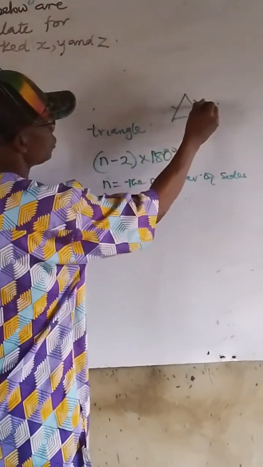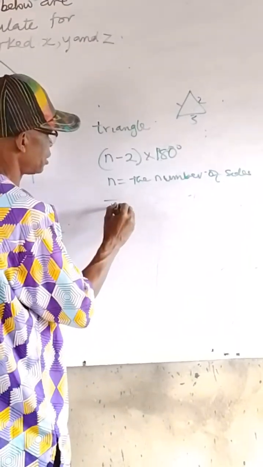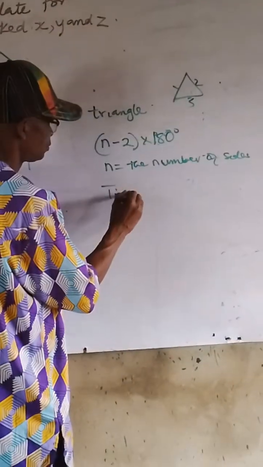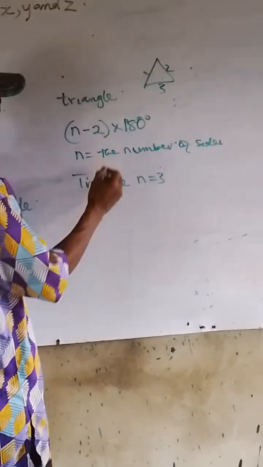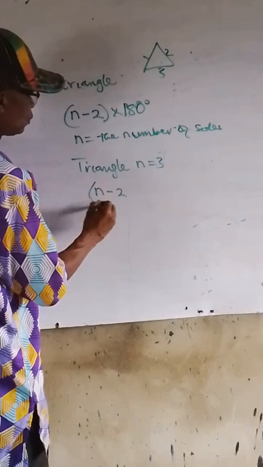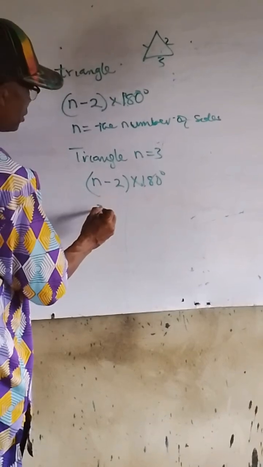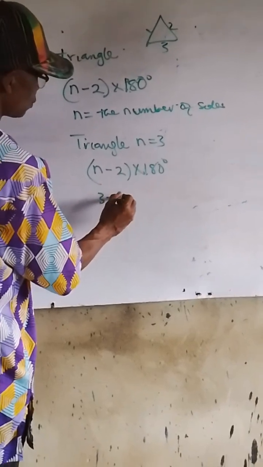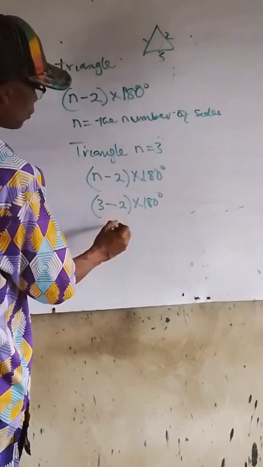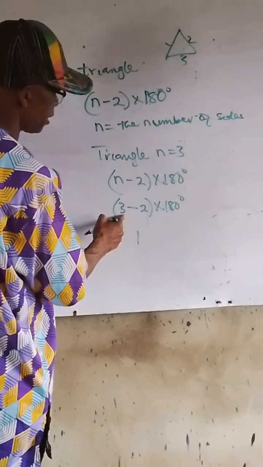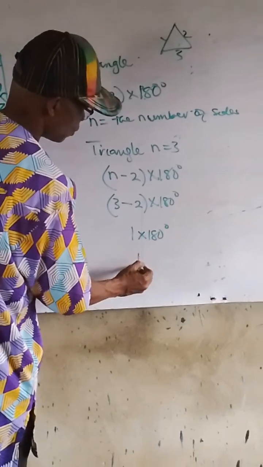So 1, 2, 3. So n stands for 3. In triangle, n is equal to what? 3. So from this formula, n minus 2 times 180, n here means 3, minus what? 2, times 180 degrees. So this gives 1, because 3 minus 2 means 1. 1 times 180 gives you what?